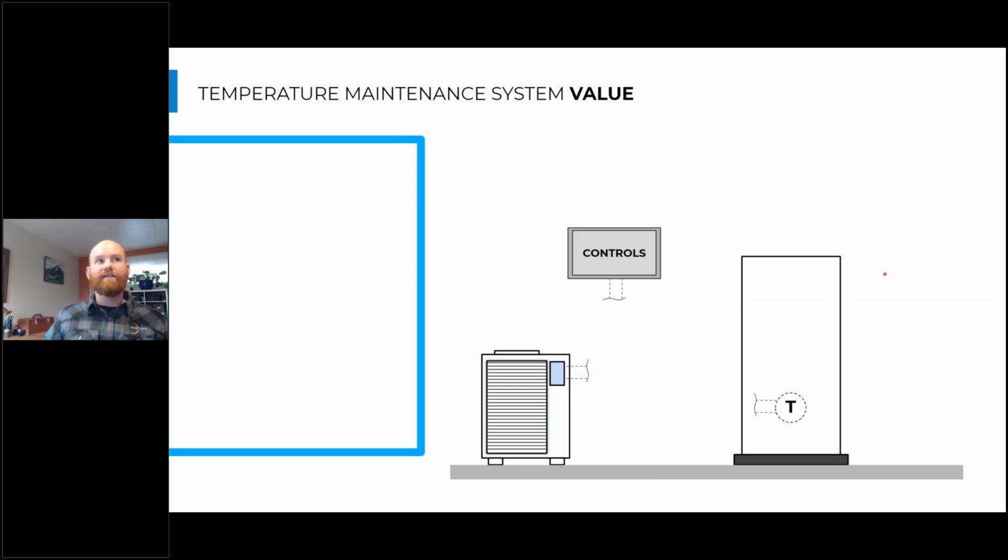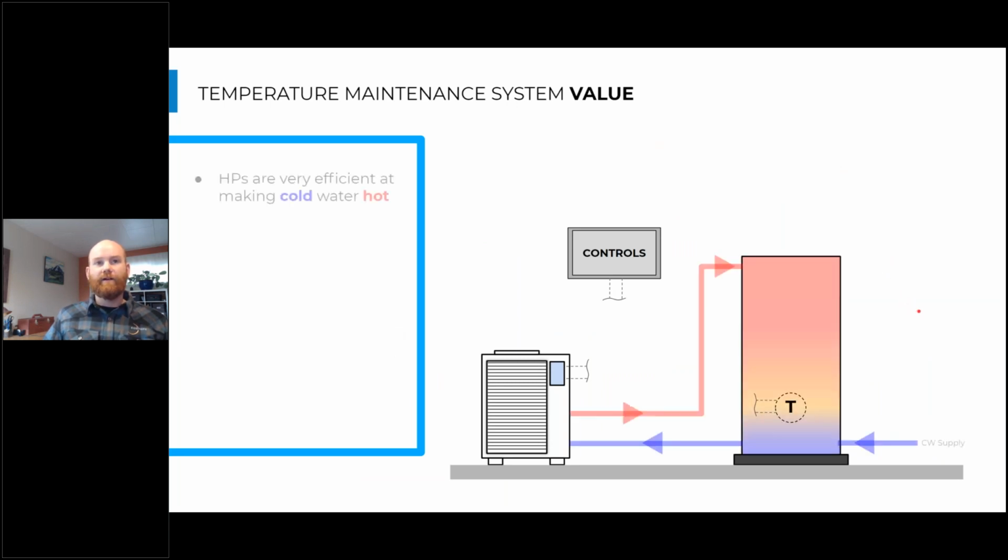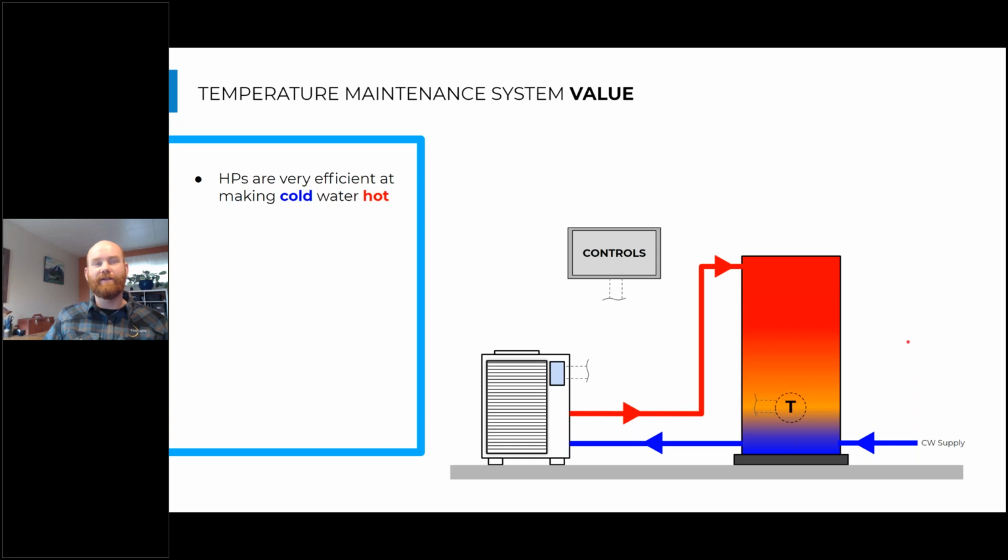So this is a little bit of an interactive, click-through thing for us all to really understand the temperature maintenance system and its value, and how it presents a challenge to certain heat pump equipment. So heat pumps are super efficient at taking in cold water and making it hot and putting that in the tank.